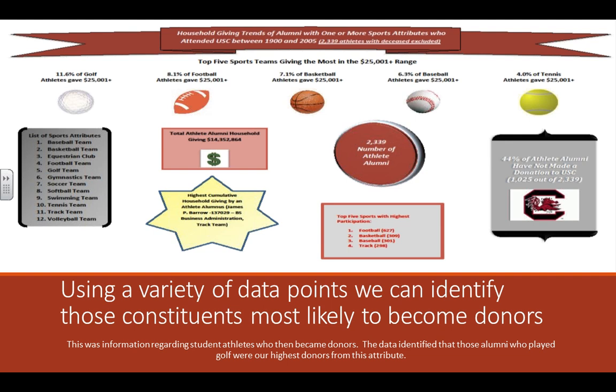Even though you would think naturally football and basketball and even some of our baseball players who have gone on to Major League Baseball would have higher capacity based on the types of contracts that they might get versus a golfer, the golf team actually gives more overall percentage-wise than the football and the basketball and baseball. So that was an interesting piece of intelligence that bubbled up after we really looked through the data.